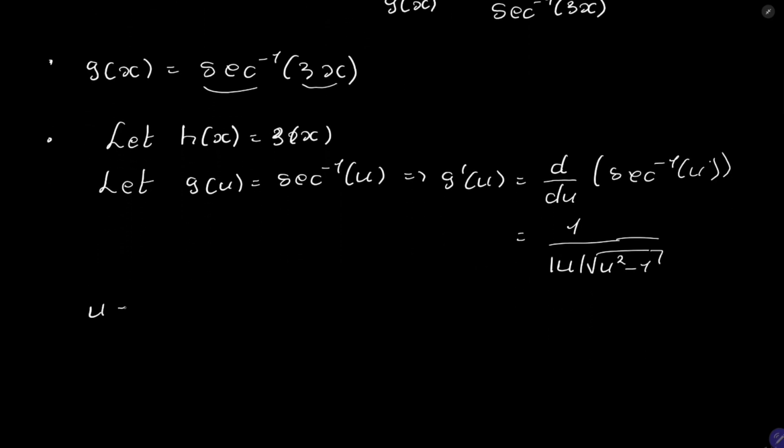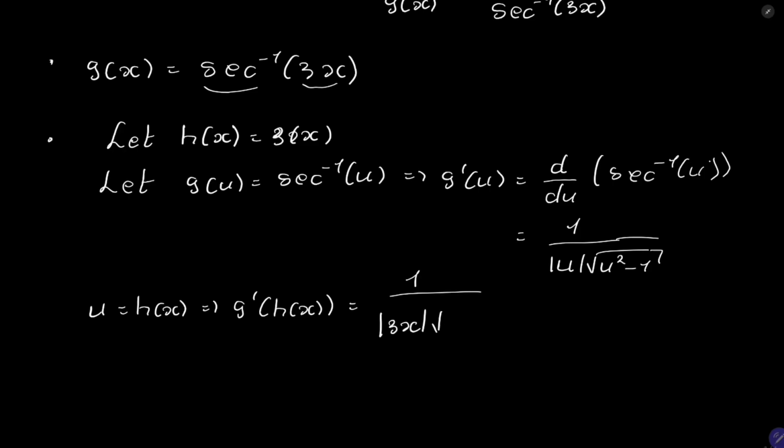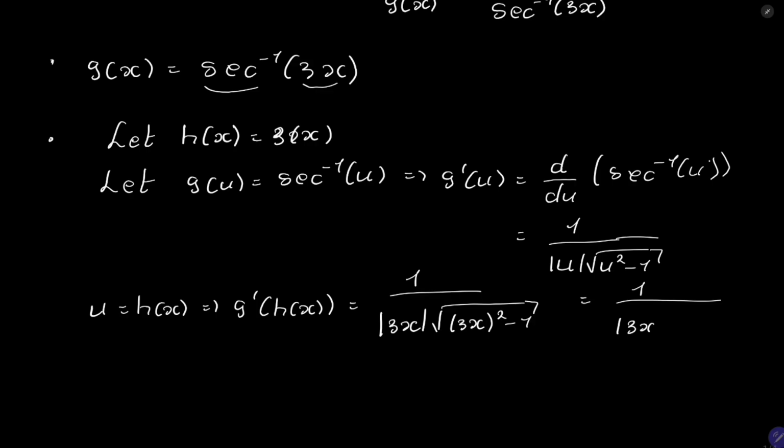So u equals h of x implies that g prime of h of x is equal to 1 on the absolute value of 3x times the square root of (3x) squared minus 1, which gives us 1 on the absolute value of 3x square root of 9x squared minus 1.